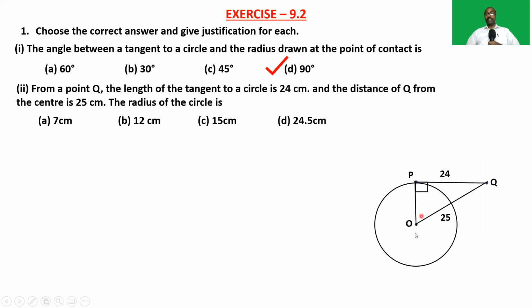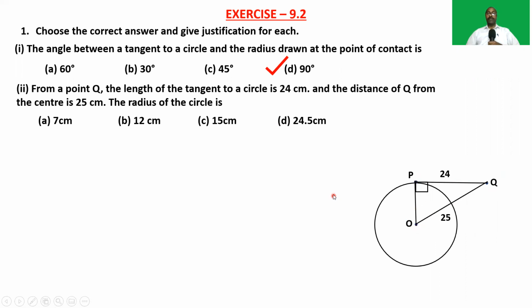This is the circle with center O, and from the external point Q, a tangent is drawn which touches the circle at P. The length of the tangent QP is 24 centimeters, and the distance of Q from O is given as 25 centimeters. Now we have to find the radius of the circle, that is OP.